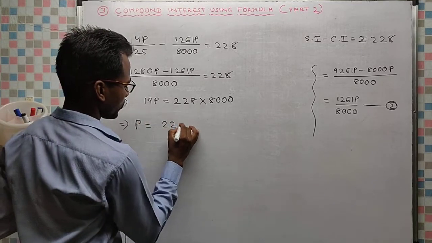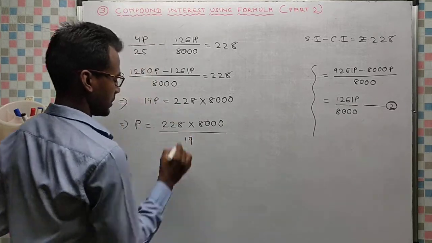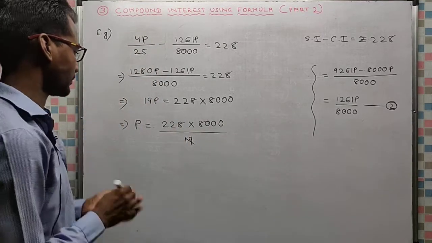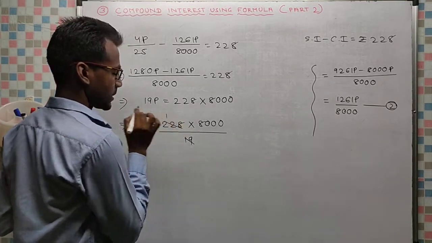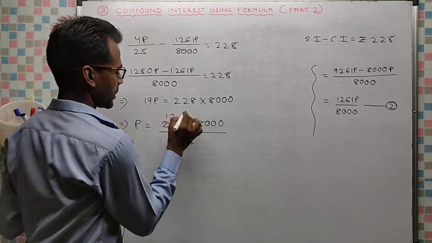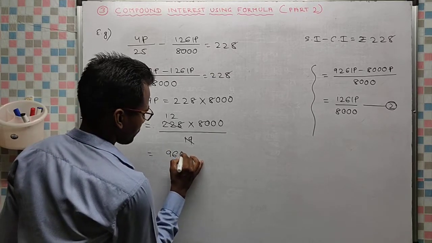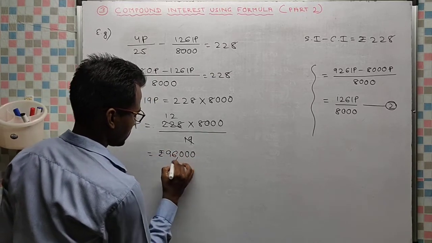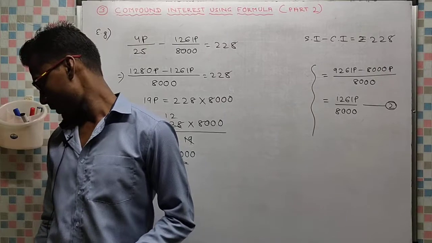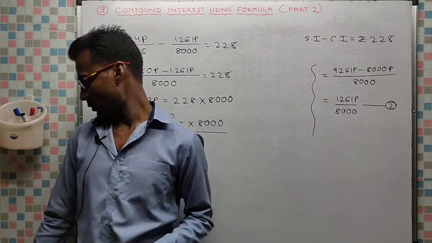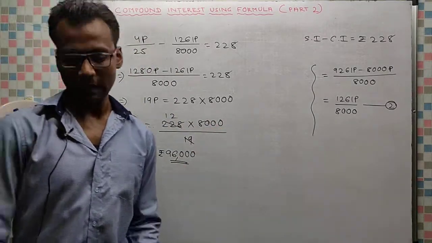P is equal to 228 into 8000 by 19. 19 into 12 is 228, so 12 into 8 is 96, 000. So the principal is 96,000. So the principal is equal to rupees 96,000. So this is the end of part 2, CI using formula.